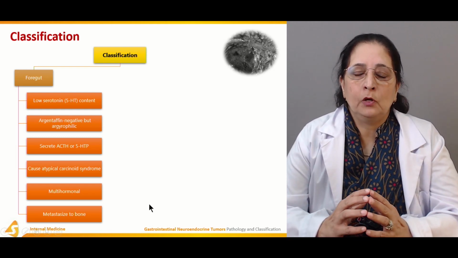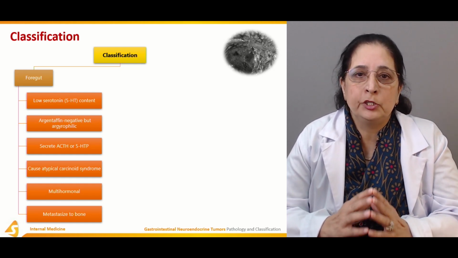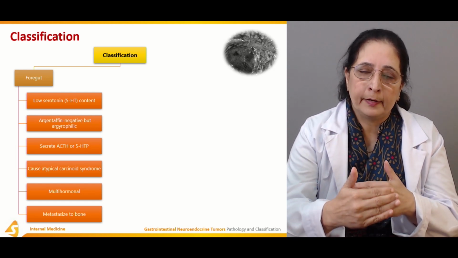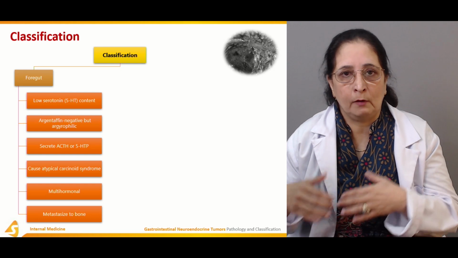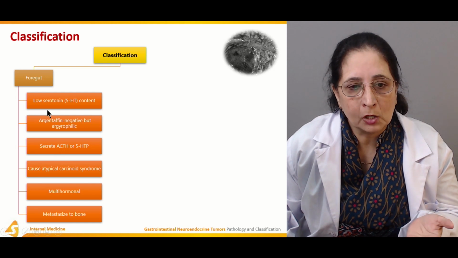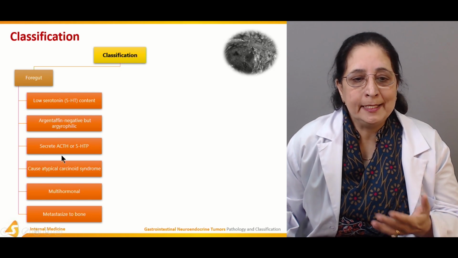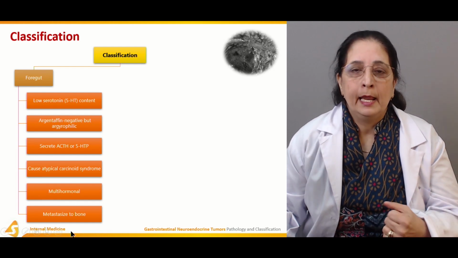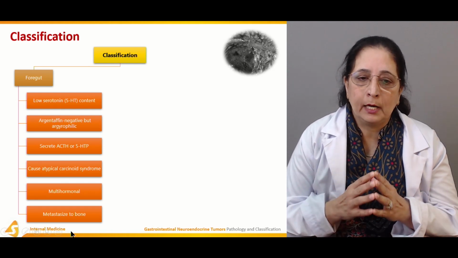So classification of these gastrointestinal neuroendocrine tumors is on the basis of whether the foregut is involved, the middle portion of the gut is involved, or the hindgut is involved. If the foregut is involved, then they have low serotonin content, are argentaffin negative, secrete ACTH or 5-hydroxytryptamine, are multi-hormonal, and metastasize to bone.